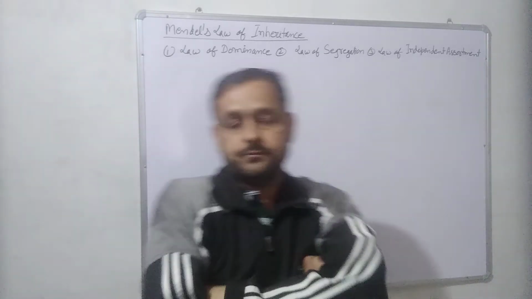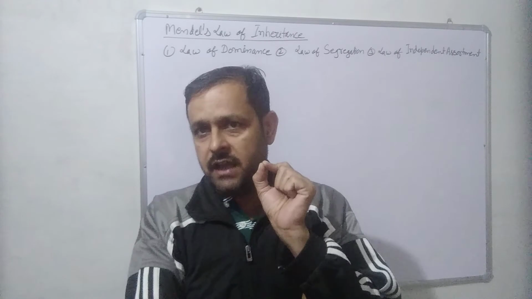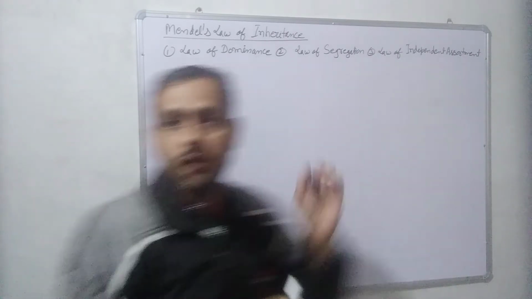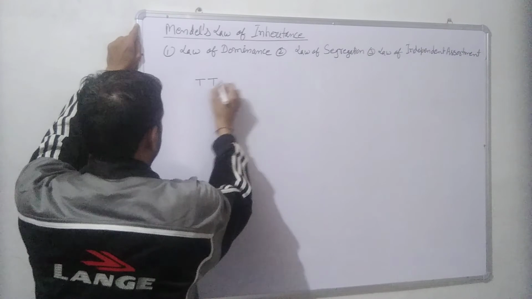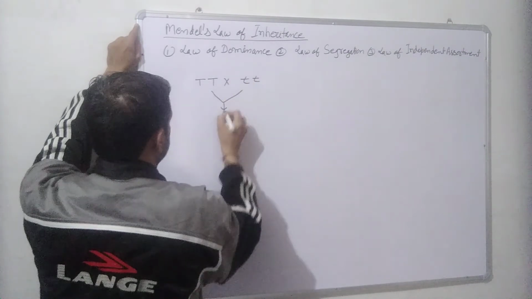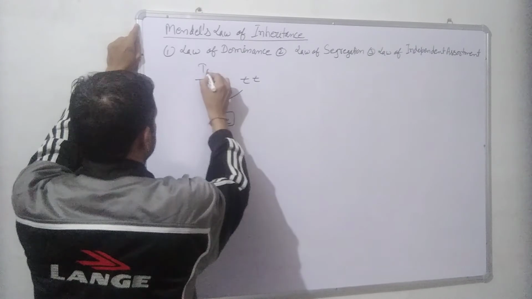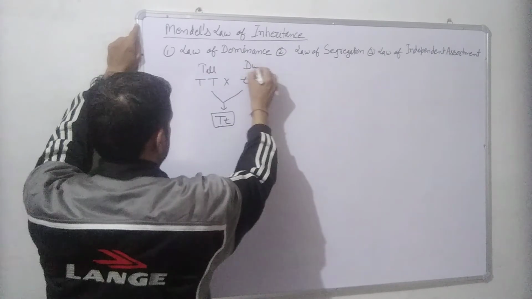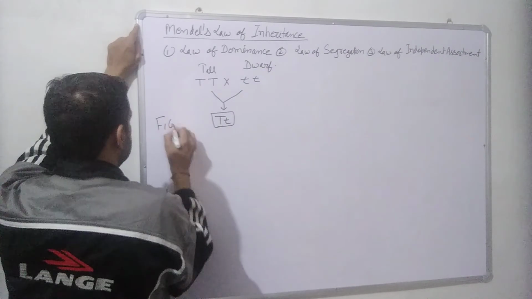Whenever we cross two characters, listen carefully, we are taking an example. This is not the rule. Whenever we cross a tall plant and a dwarf plant, then in the F1 generation only tall plants come. Here this is tall and this is dwarf, and this is the F1 generation.